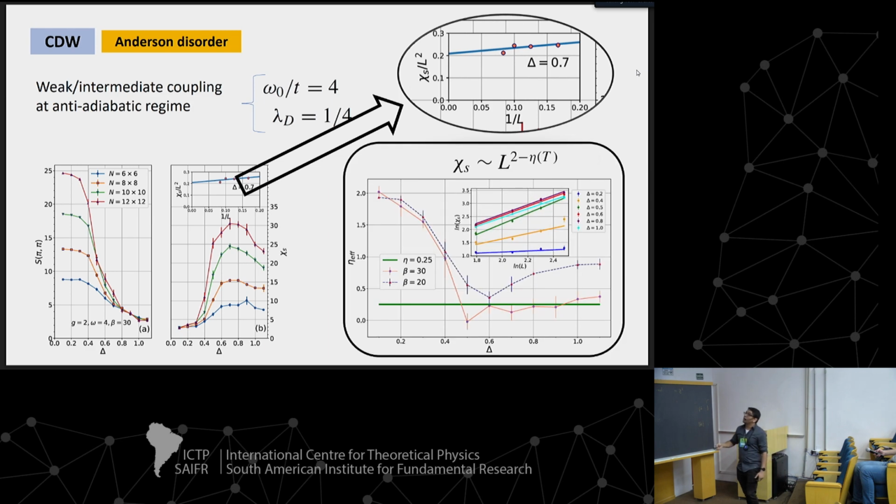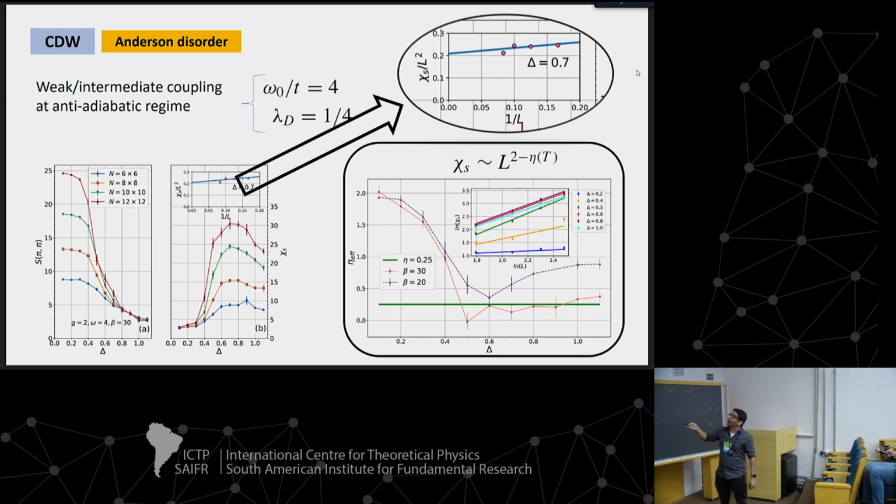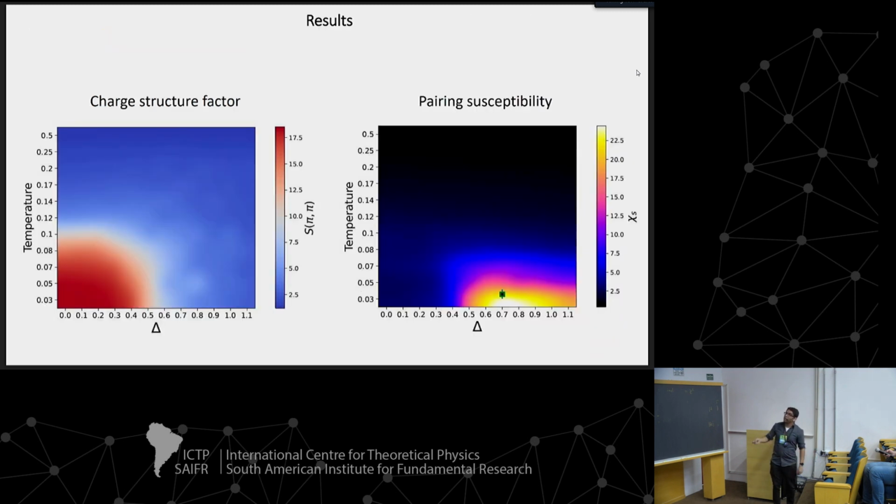I will skip the details behind this, but we could also show that this has the Kosterlitz-Thouless universality class. And basically, the final result that we got for this weak coupling is that if you destroy the charge density wave, we have superconductivity here.